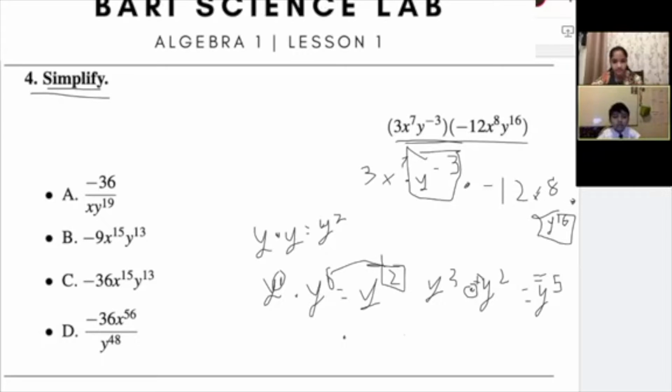So, now that you know that, what is y to the 16th power times y to the negative third power? What do you think that would be? y to the power of 13. Good. Wow. She understands exponent addition already. It's been a matter of 4 minutes.